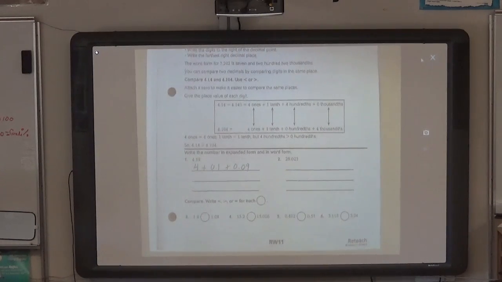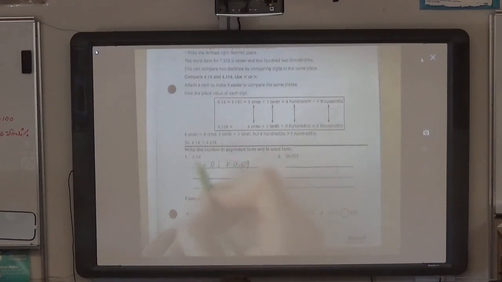Right? Yeah. And the first one we would read as 4, so the word 4. Then we would put the word "and," because that refers to the decimal point. 4 and, then read the numbers behind. 19.